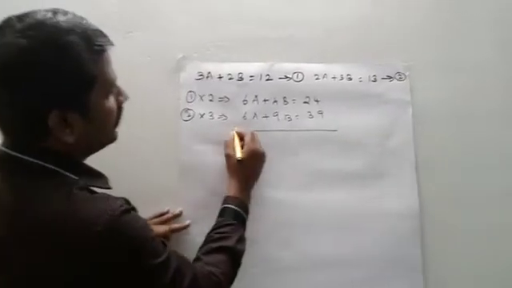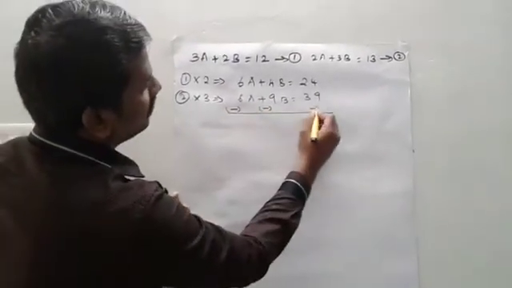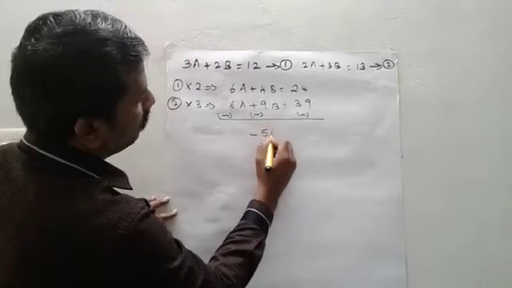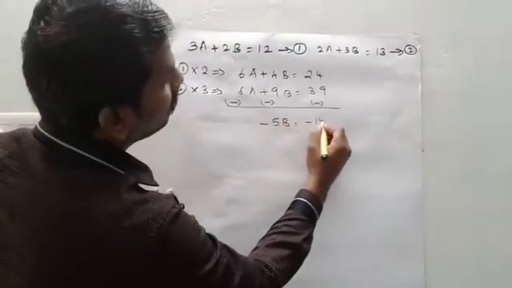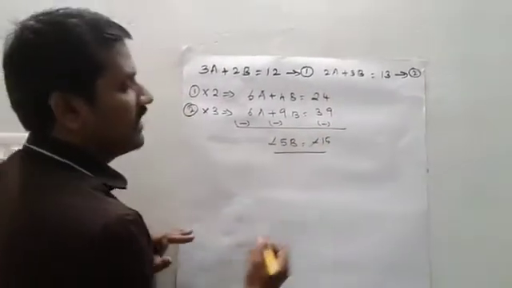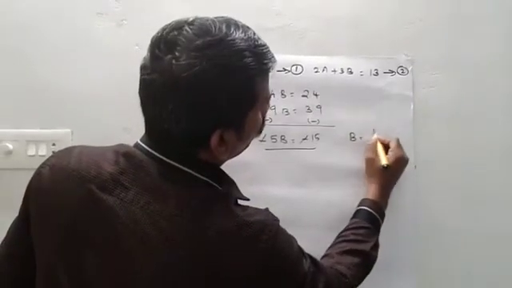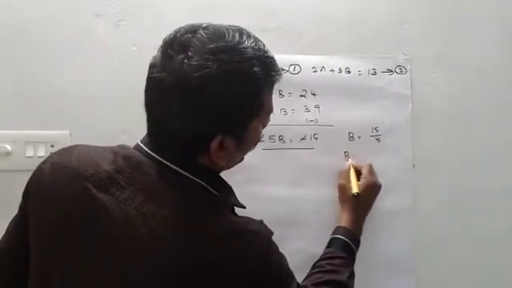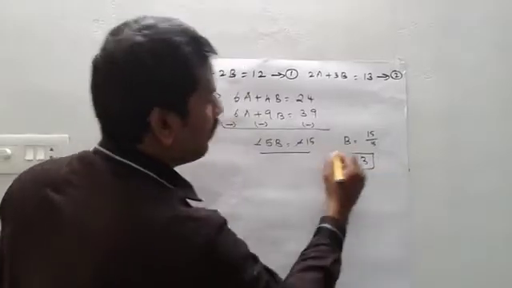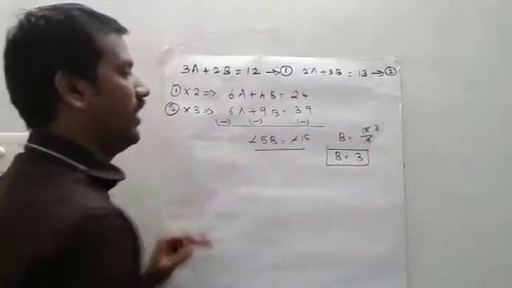Elimination method, so change the symbols: minus, minus, minus. So minus 5B is equal to minus 15. Minus minus cancel, so B is equal to 15 by 5.